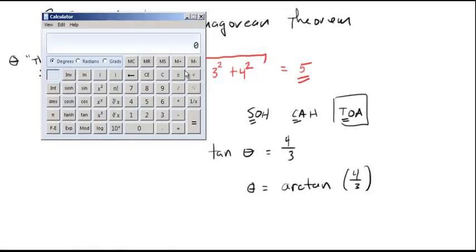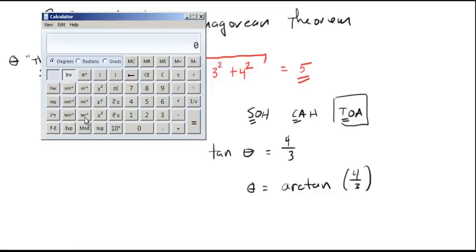This calculator is a little bit different than your calculator, and I think I have to put in the arctangent first. If I hit this inverse button, I'm going to get tangent to the -1. That's what your calculator will say.